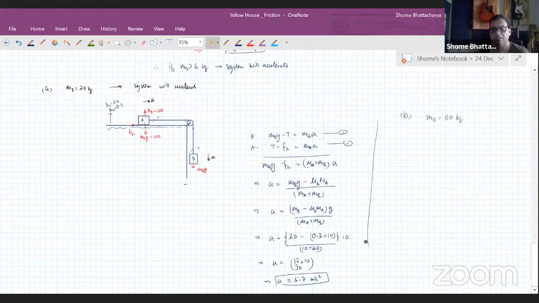So you'll finally get this acceleration as (60 minus 3) upon 70 g, or 57 by 70 g. So taking g as 10, you will get it nearly something like this.